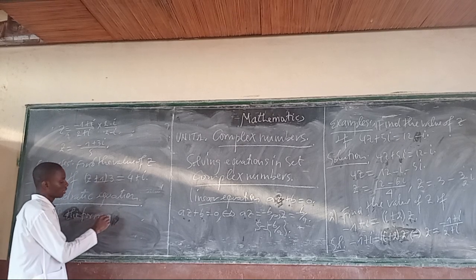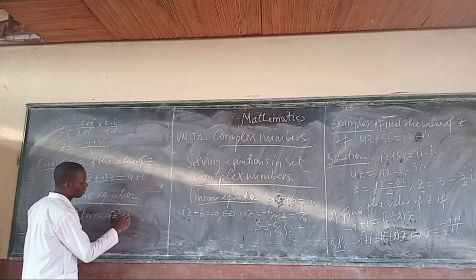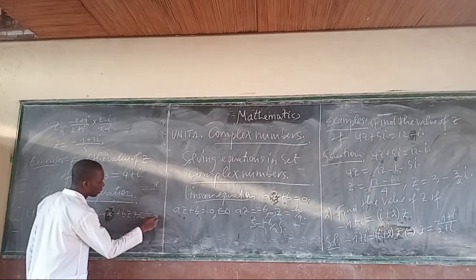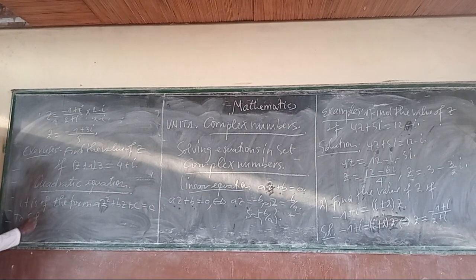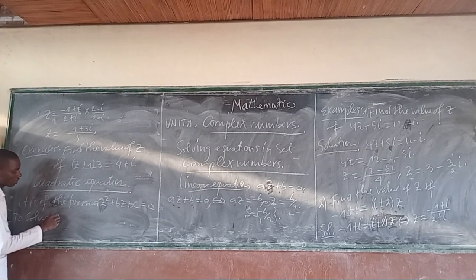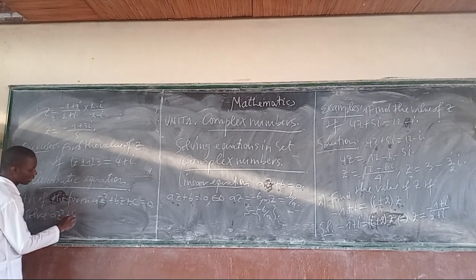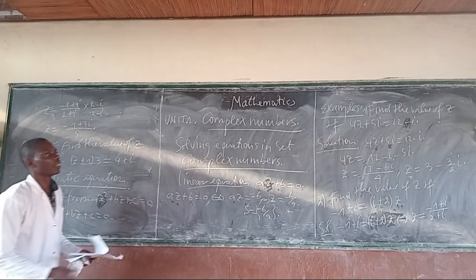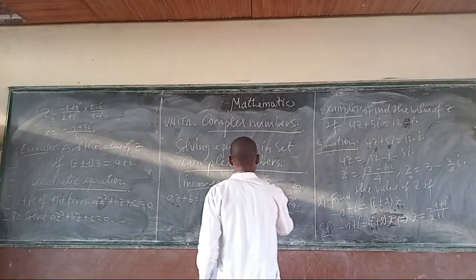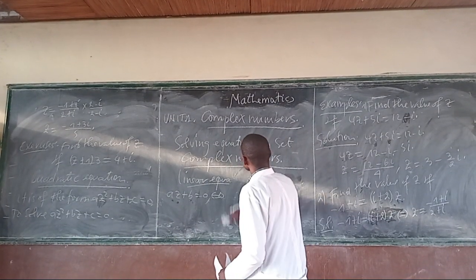In this case, we use z: az squared plus bz plus c, which is equal to 0. To solve this one, it requires some expressions to follow.